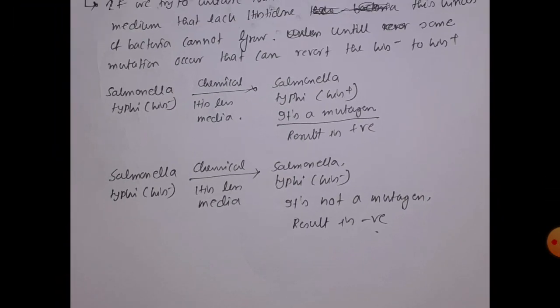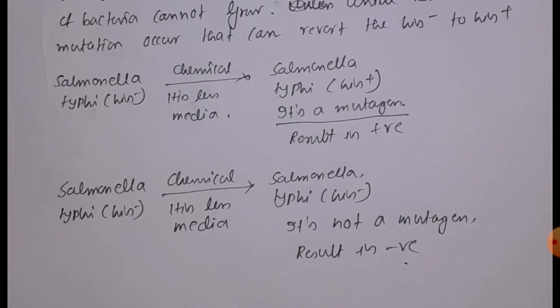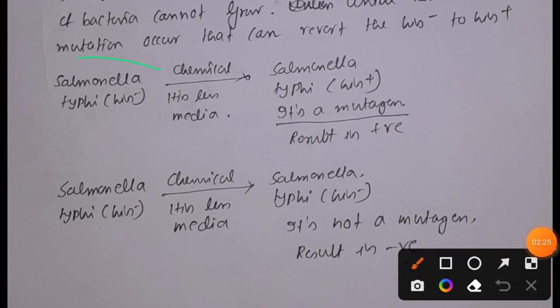So the idea is we will culture histidine negative Salmonella typhi bacteria in a nutrient media. This nutrient media will not contain any source that can provide histidine. Then we will add chemicals at the middle of that plate, and then we will incubate them at 37 degrees centigrade for 24 hours.